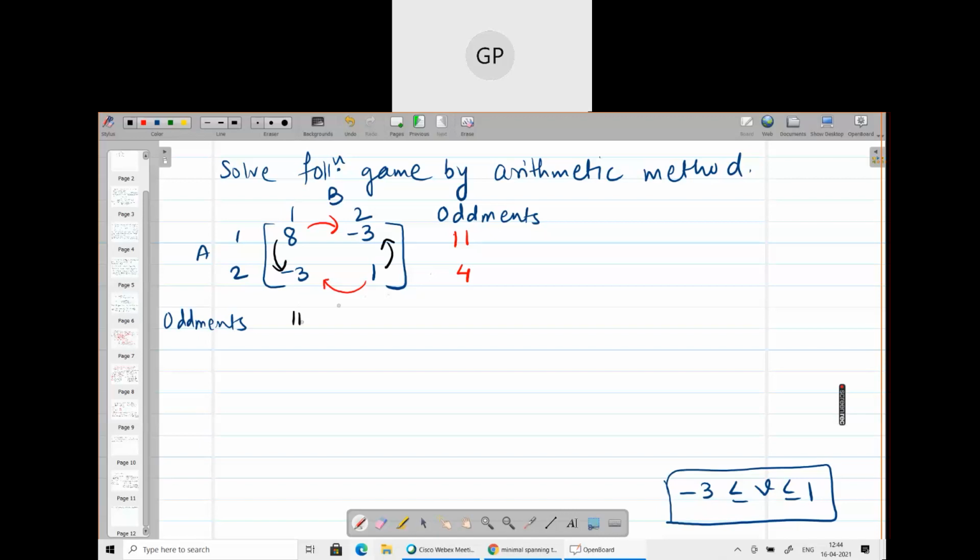Ma'am, 11 will be in the second row. Yes, ma'am. And 4 will be in the first row. Yes, correct. We are changing them in the first step itself. So 11, 4. Here also 4, 11. And the total is 15.